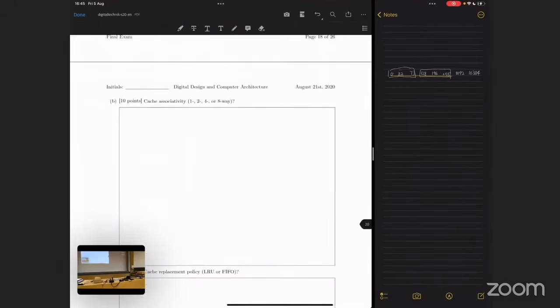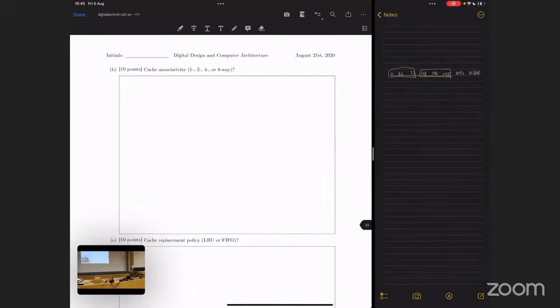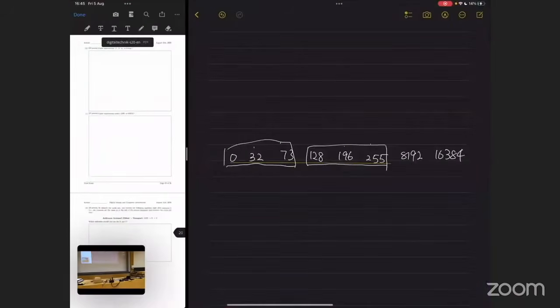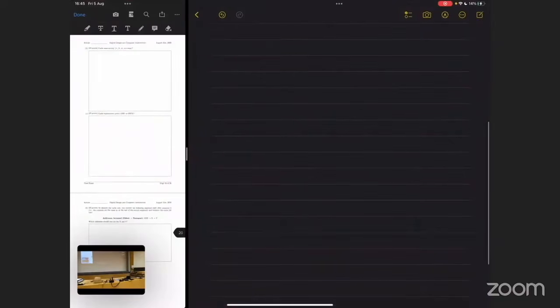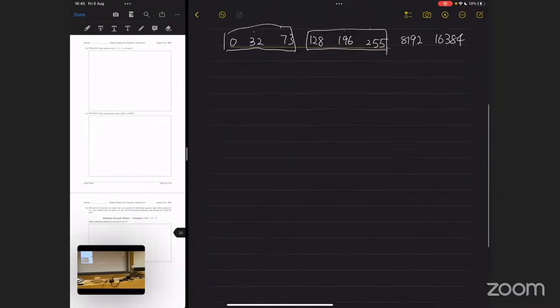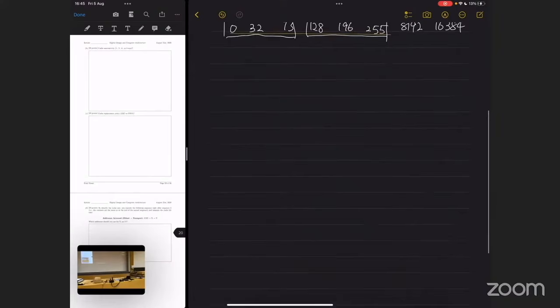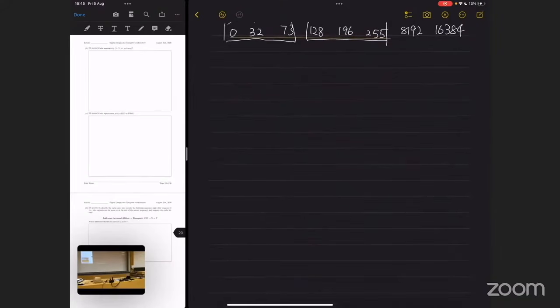Then let's take a look at the second question. We would like to know the associativity of the cache. As the description already specifies, at the beginning of the second sequence, it will see the state of the cache as it is at the end of the first sequence. So at the end of the first sequence, we will have the following cache blocks. From now on, I will just use the starting address of a cache block to represent that block.